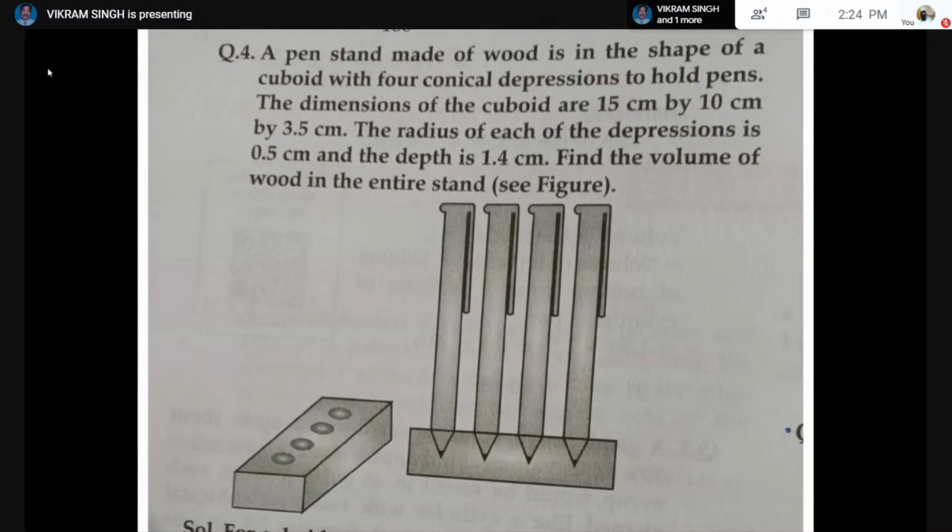The radius of the depression is 0.5 centimeter and the depth is 1.4 centimeter. Mathematically, the depression will be a cone in some sense. How many depressions are there? There are 4 depressions. So we have to calculate once, then multiply it by 4.